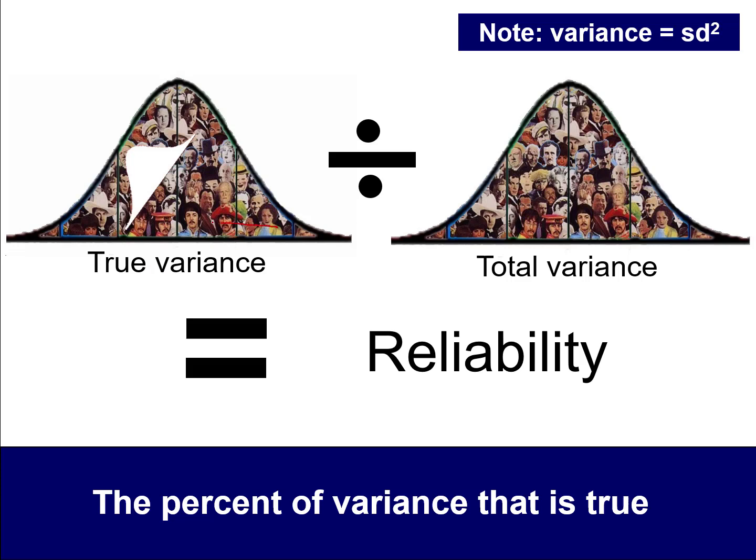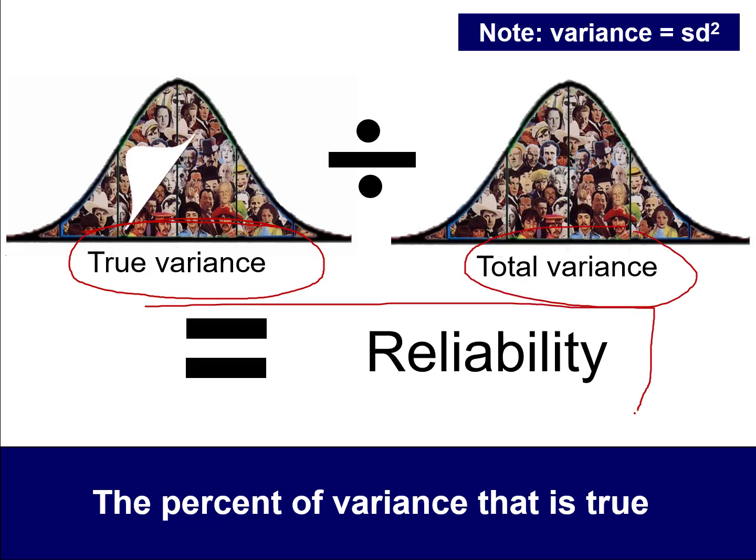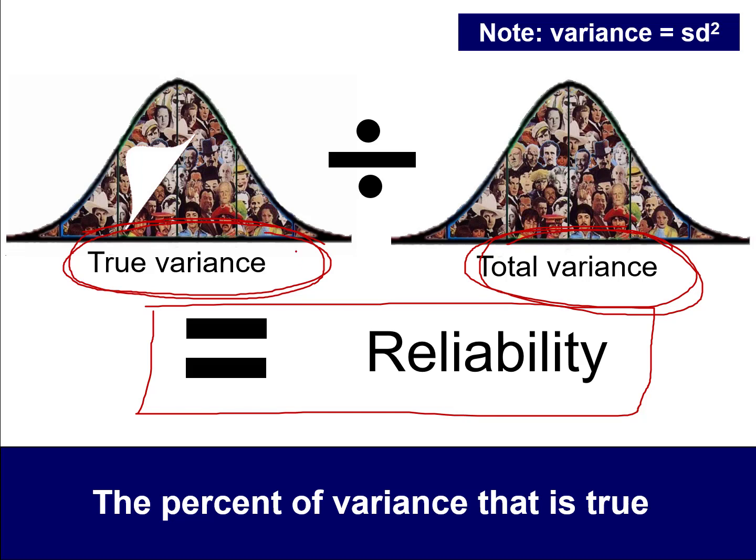If I take the true variance on an assessment instrument and divide that by the total variance, I would get the reliability. So for example, if I administer a statistics test to students in one of my classes and calculate the total variance on that test, and if I had a way to estimate the true variance on that test, I could take true variance divided by total variance, and that would give me the reliability of my test.